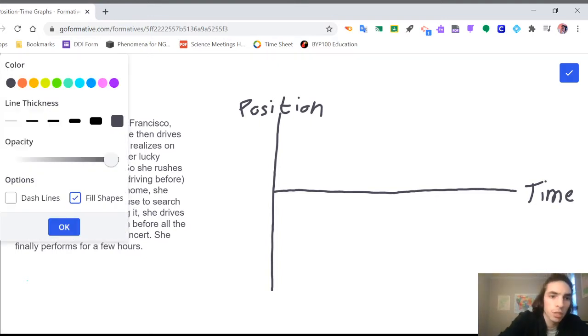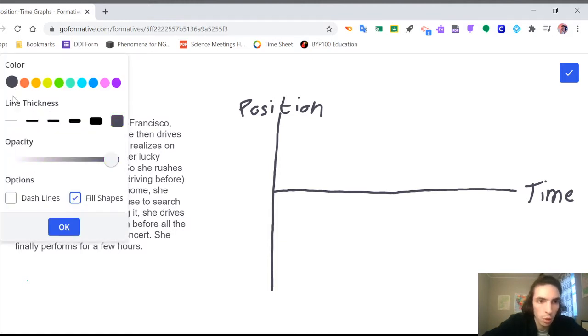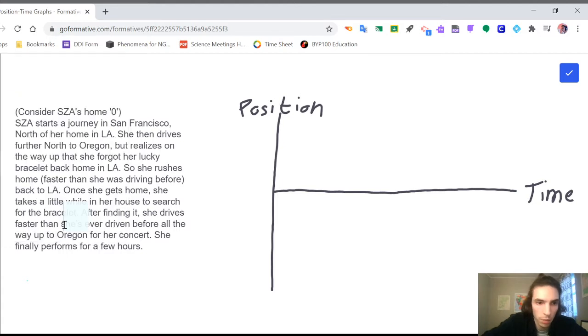So, in this first example, we are told SZA is driving all around, and the first thing that I want to point out is that we're told we are supposed to consider SZA's home to be 0. And we're told in this first part that her home is LA, right? So if I'm starting this, I want to make a note to myself about this, so I'm going to put a little notification, home.